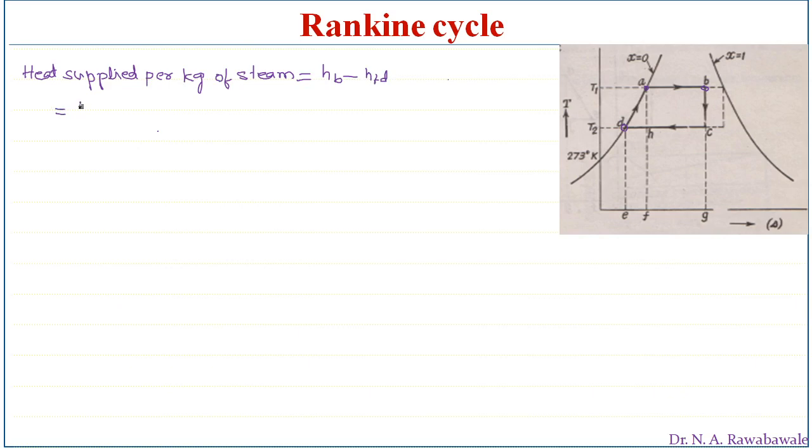total heat at A plus area ABGFA, minus total heat at D. Total heat at A gives this complete area below A, and the area ABGFA gives the complete heat.